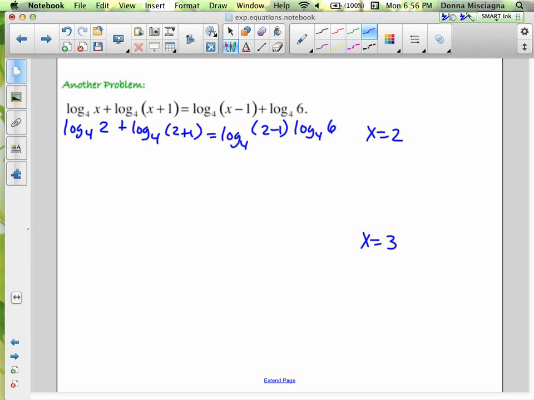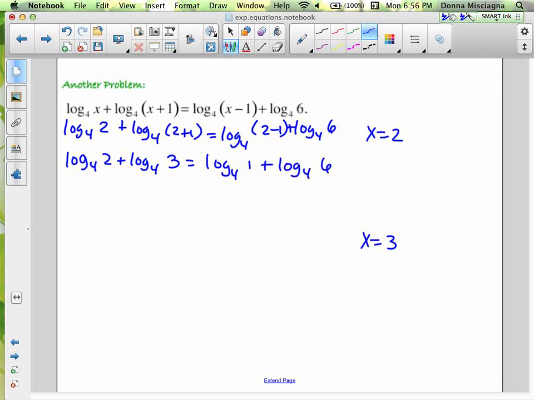All right, so we have log base 4 of 2 plus log base 4 of 3 equals log base 4 of 1. Oops, we lost a plus. Plus log base 4 of 6.